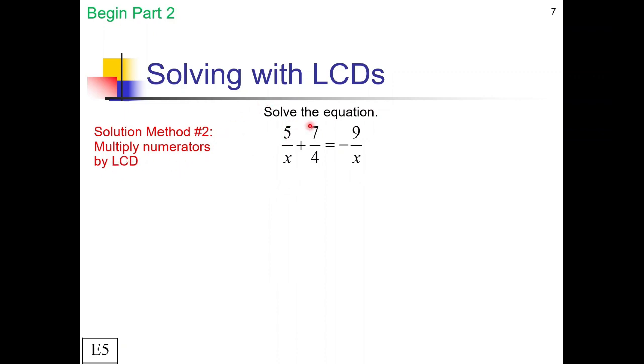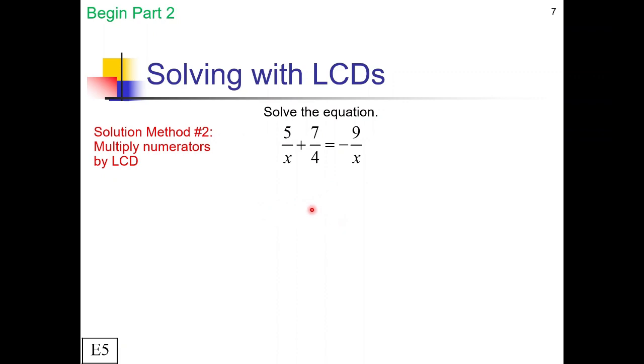So if I multiply all the numerators by the LCD, if I have something in the numerator that's divisible by all the denominators, that's going to let me cancel out all the denominators. And that's another way of getting rid of those denominators. So with this in mind, pause the video and try this approach out on this problem.